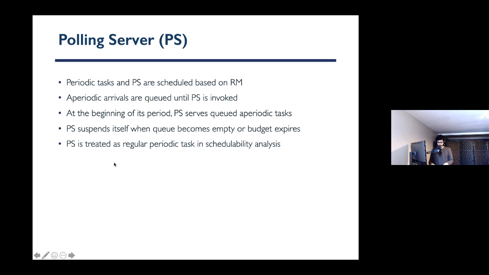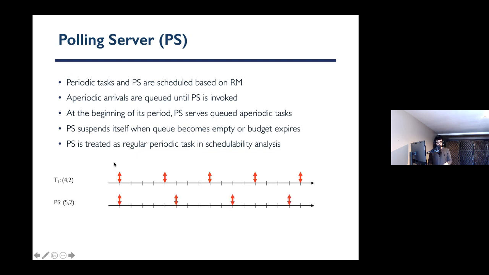I guess the best way to see this is through an example. Let's say we have one task in the system with period 4 and runtime of 2. And then you have a periodic server with period 5, so it's not going to get higher priority than T1; it's going to have lower priority. And the budget is 2.